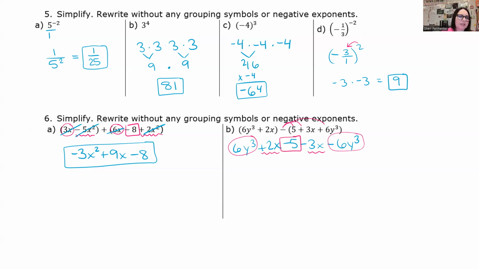So I'm going to do the same thing I did with the first one. I'm going to combine terms. What's 6 minus 6? None. What if I have 2 minus 3? Negative 1. Do I have to write the 1? Nah, negative x will work. And then I have a minus 5. That's it.